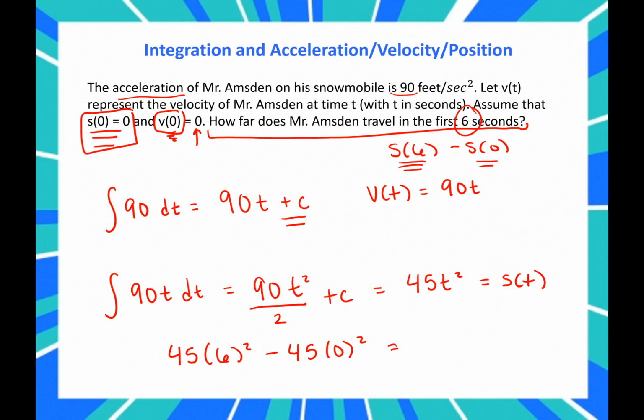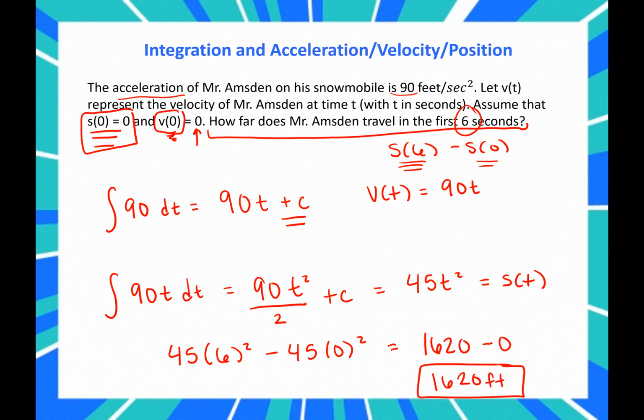Well, that's going to give me 36 times 45, which gives me 1620, and then obviously it would be a minus 0. So 1,620 feet have been traveled.